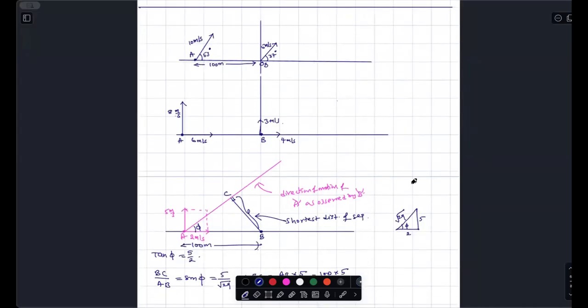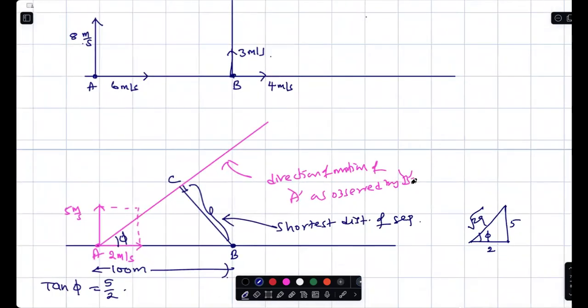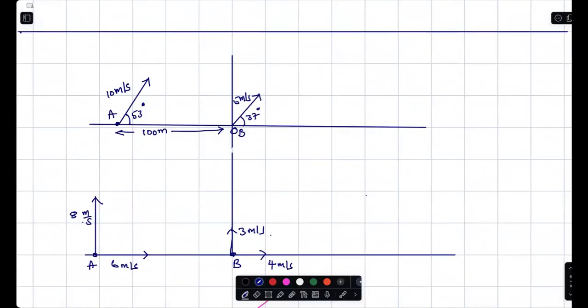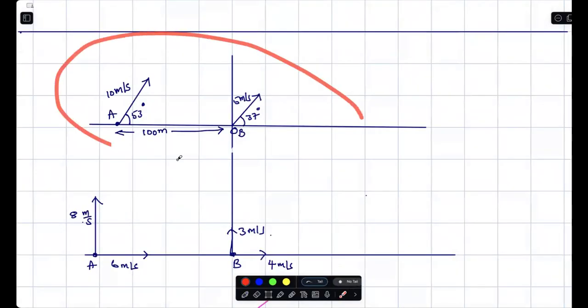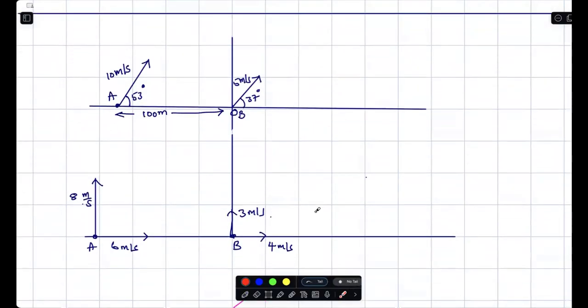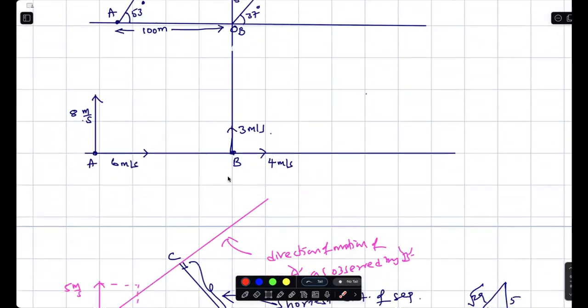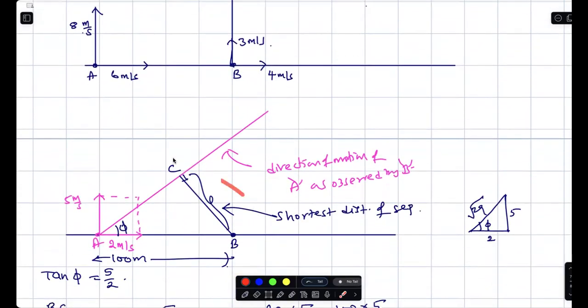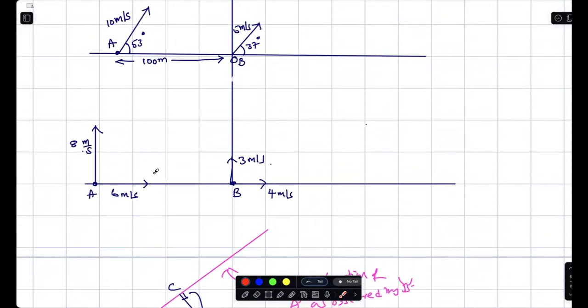First, this is the given data. Next, this is the modified data resolving into components. Next, studying everything in terminology of B. This is one method of solving the same question.